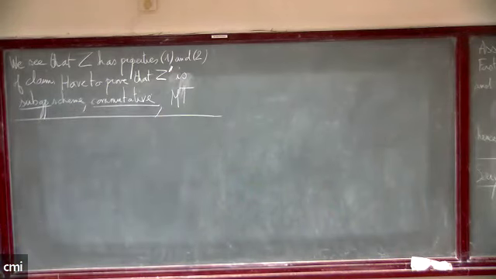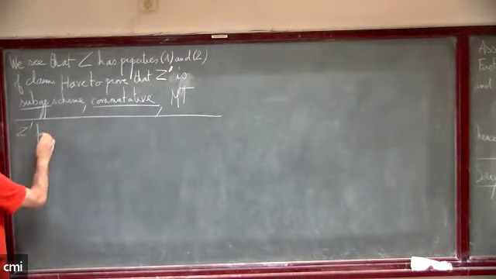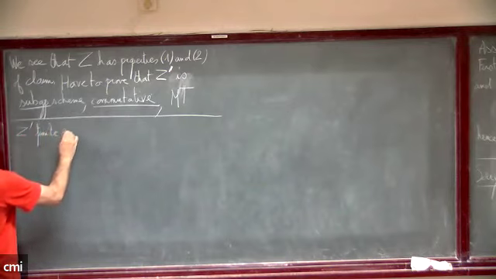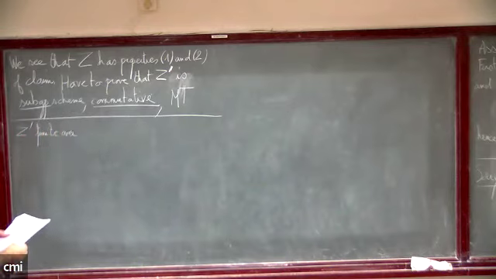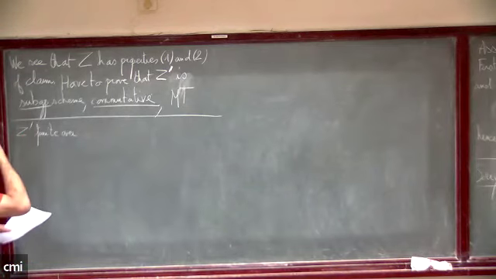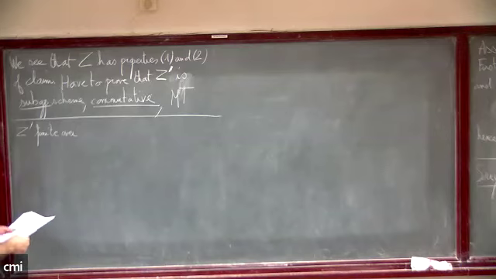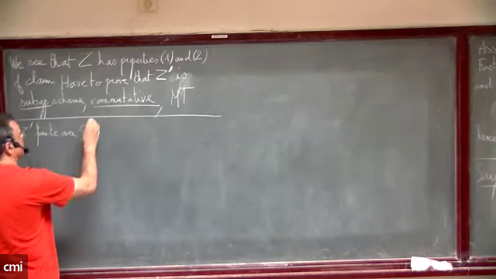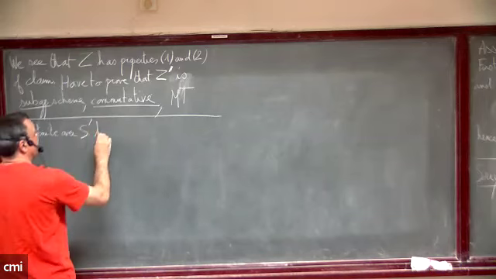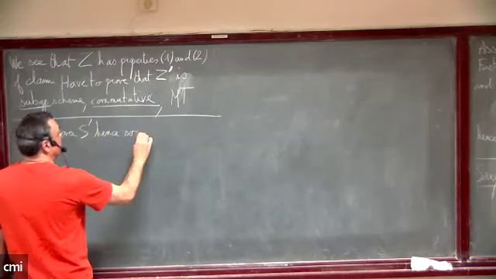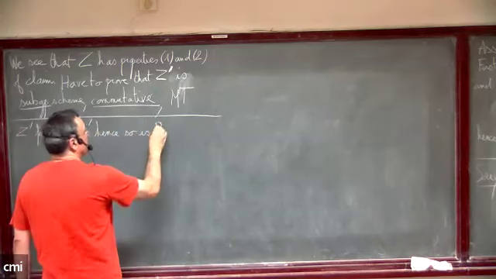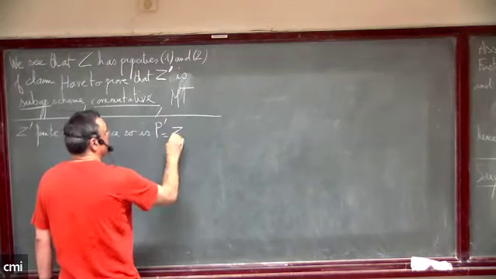Okay, so how do we do this? Z prime is finite over S prime, hence so is P prime.